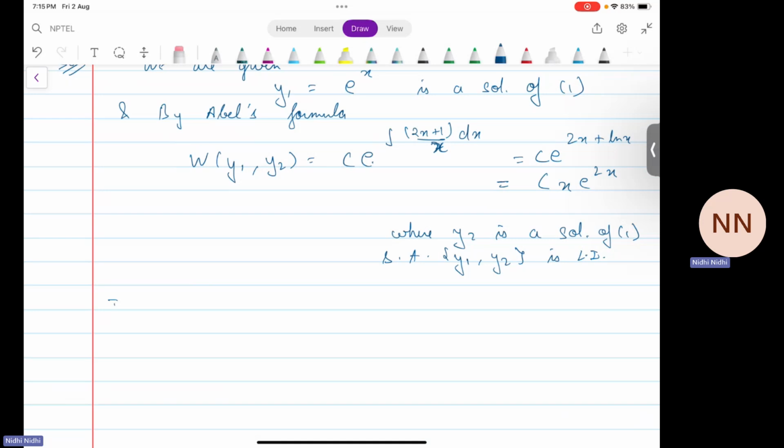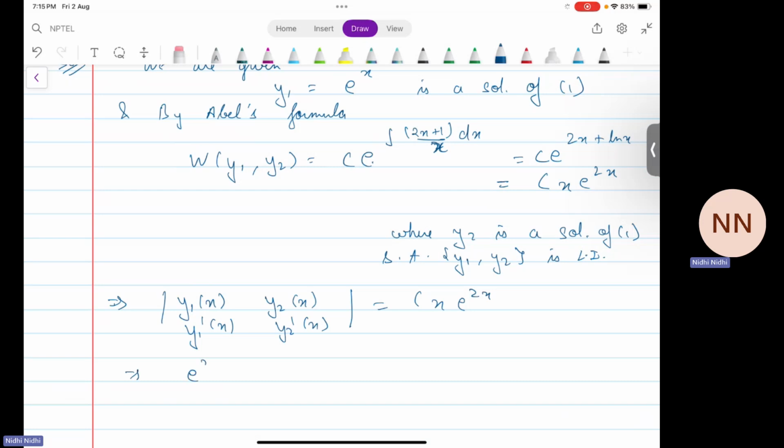Also, by the formula of the Wronskian, what do we have? We have the determinant with y1(x), y2(x), y1'(x), y2'(x) equal to C x e to the power 2x. This gives us, what was y1?